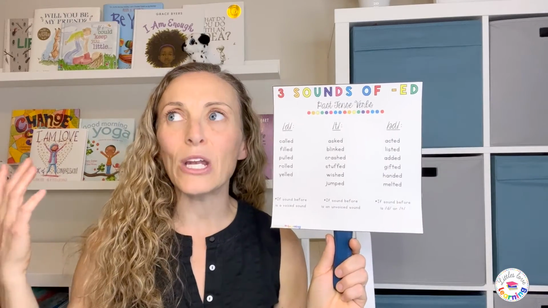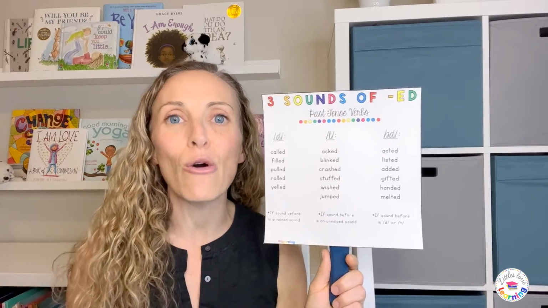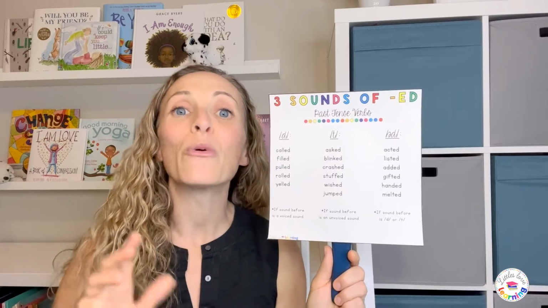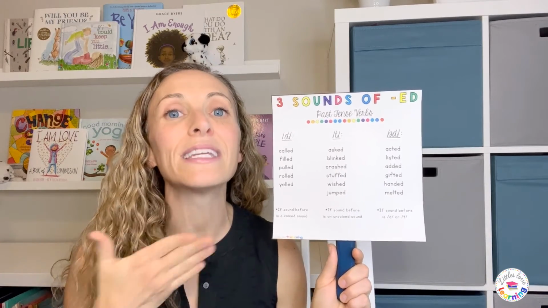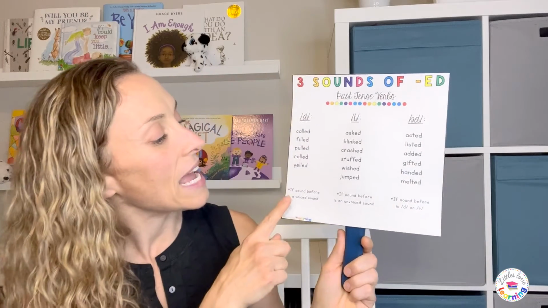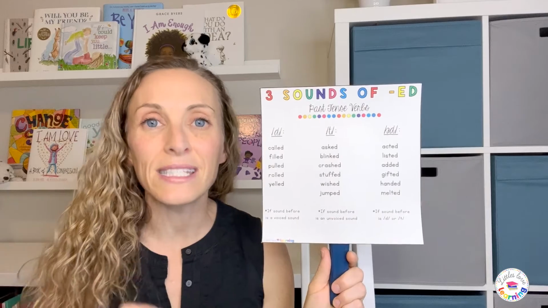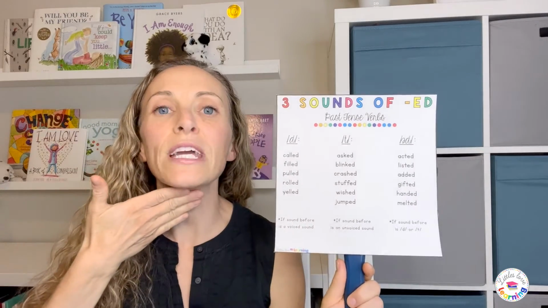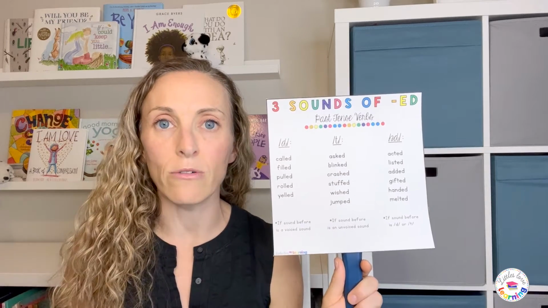So you might be thinking, okay, so when do I use which pronunciation? How would I know the difference? They all are spelled ED, but they all sound differently. Well, there is actually a reason, and it goes back to knowing about voiced and unvoiced sounds. If the sound before the ED is a voiced sound, like in the word call, put your hand on your throat, call, is a voice sound.